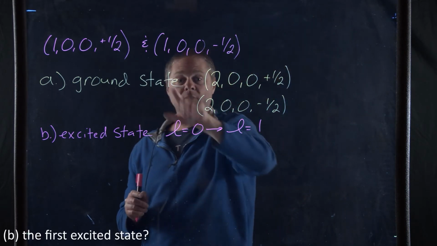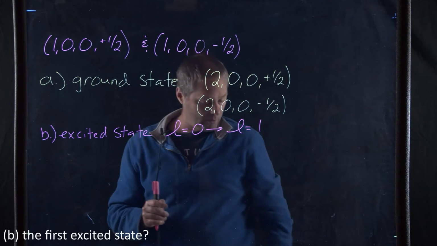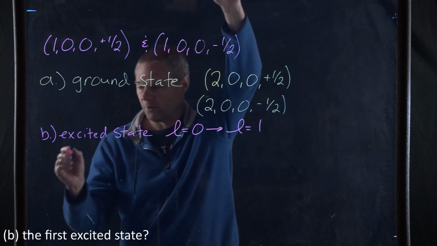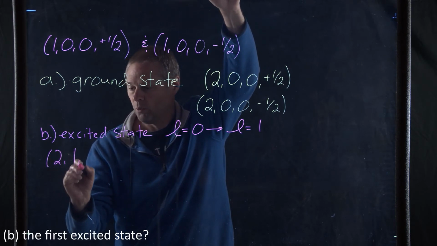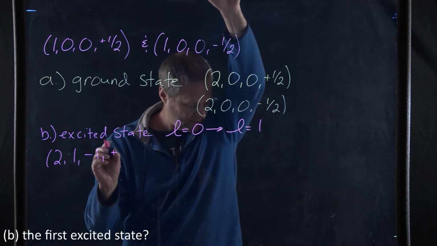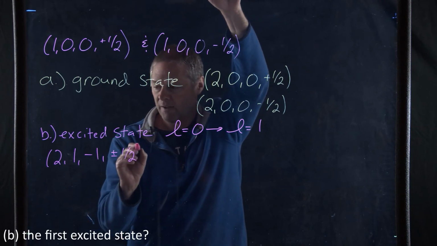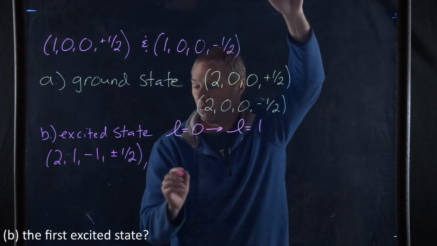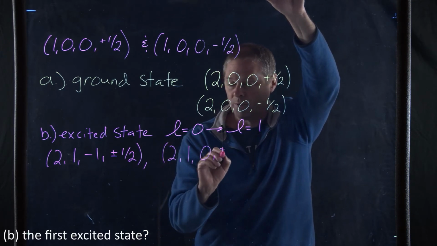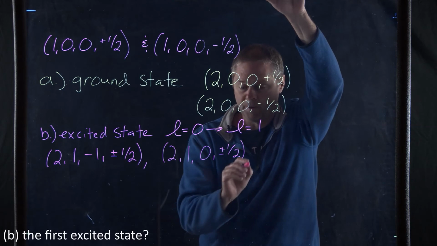So instead of l equal to 0, it's now going to be l equal to 1. And so we have some possibilities for that. We have 2, 1, negative 1, plus or minus 1/2. That's a possibility. We could also have 2, 1, 0, plus or minus 1/2 as well.